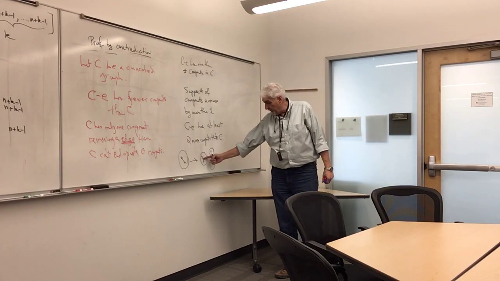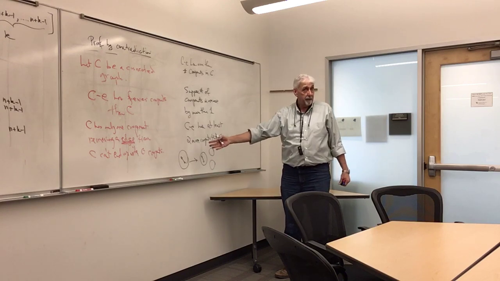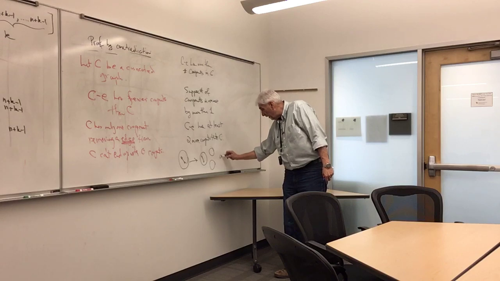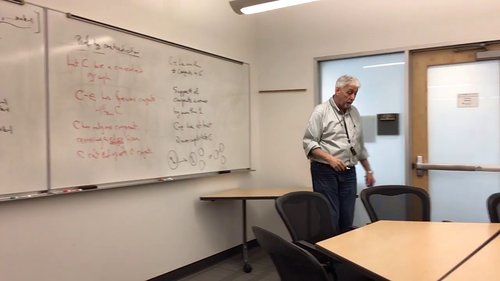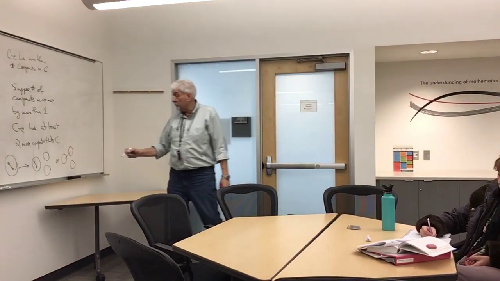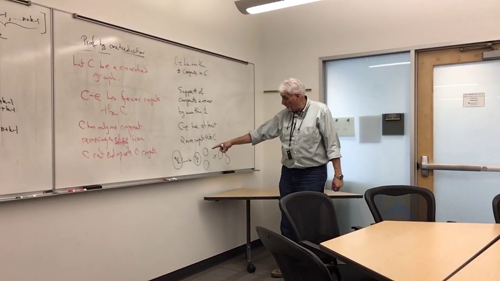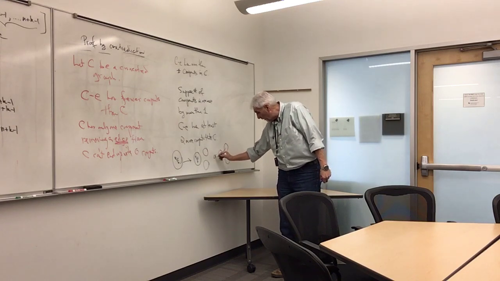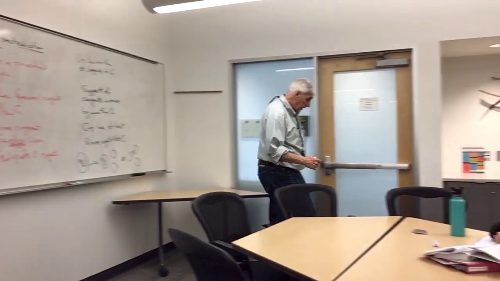If E is in one of the components, then the original graph was disconnected, and that is contrary to having one component. Or the edge lies between 2 of the components. Okay, so this is the edge E. We removed it. It lies in one of the components of the disconnected graph, or it lies in between 2 of the components.